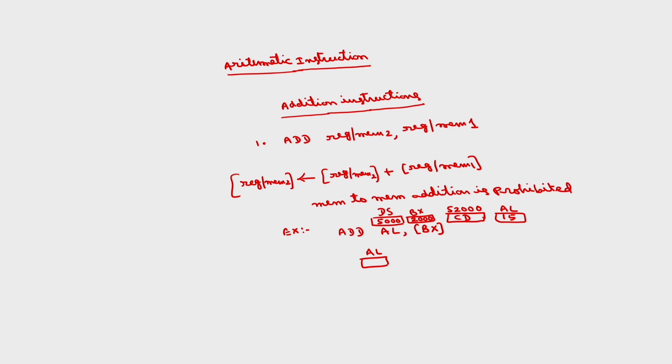AL will be the sum of this CD and 15, because the physical address using this DS and BX will be 52,000. So CD plus 15. D plus 5: D plus 1 becomes E, D plus 2 will be F, D plus 3 will be 10, 11, 12. This will be 12. Another way to find this: D is nothing but 13, plus 5 is 18.